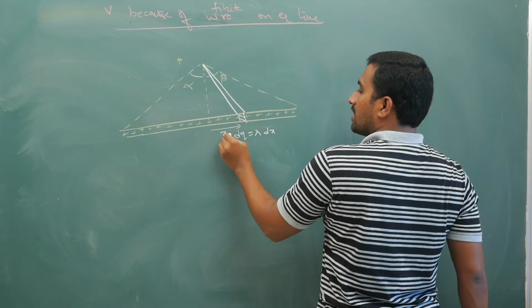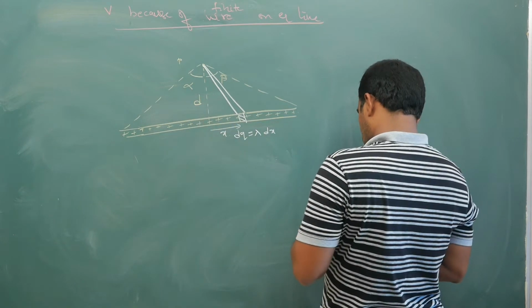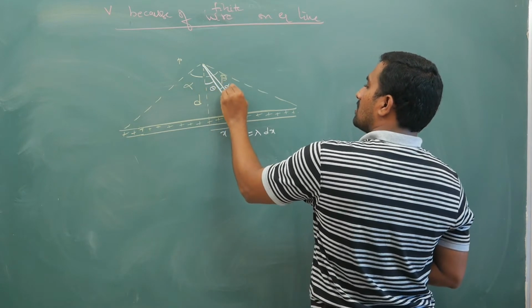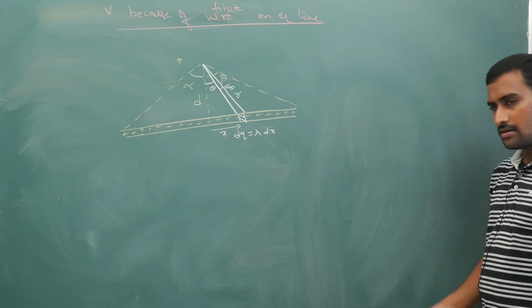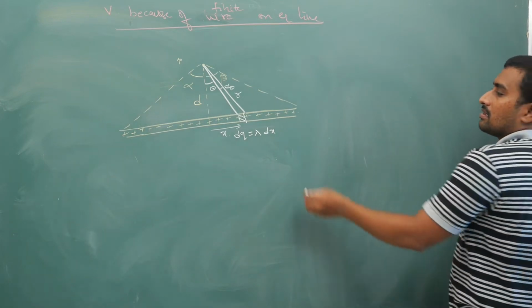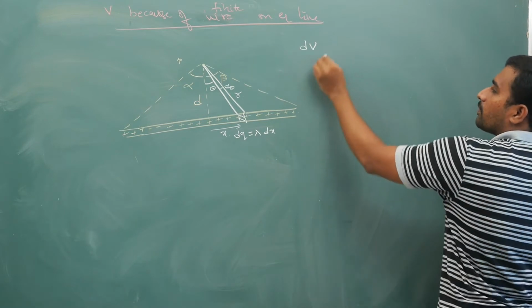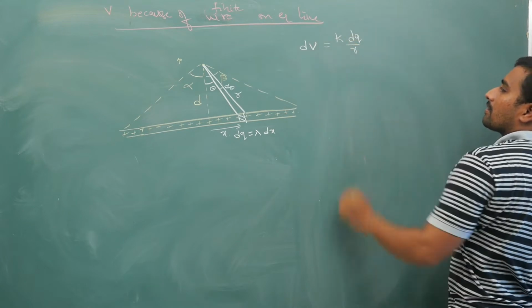This distance is x, this distance is given as d, this angle is theta, this is d theta, this distance is r. Now observe carefully for potentials. Potential is a scalar. So your small potential is given by k times dq by r.